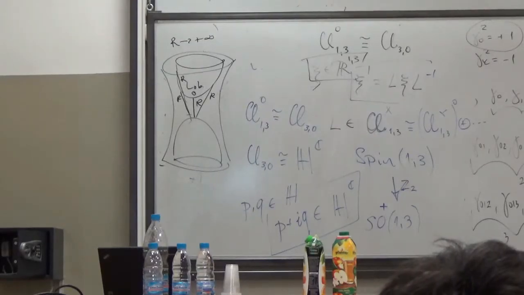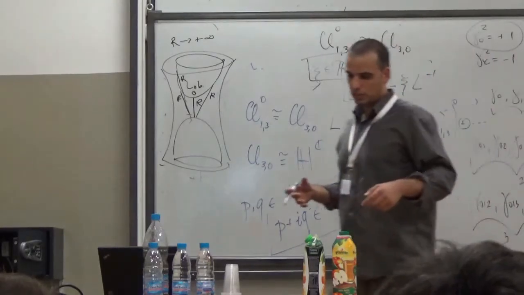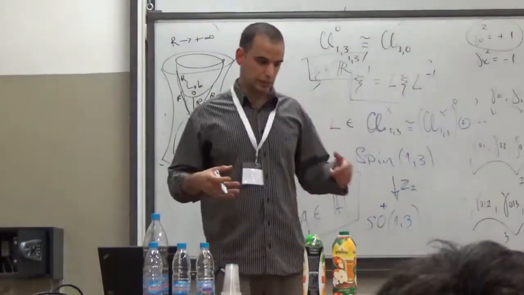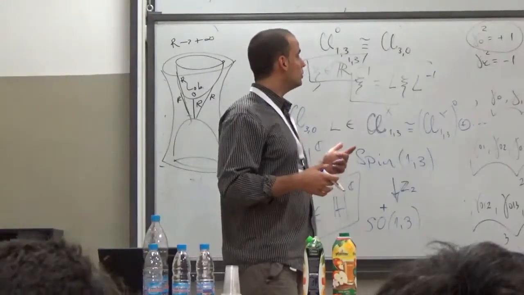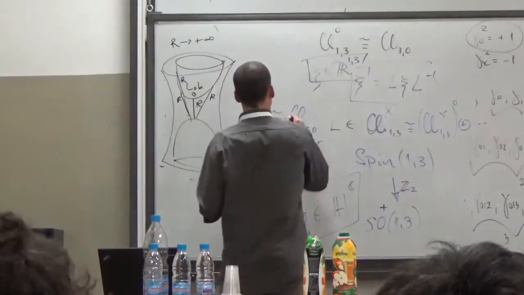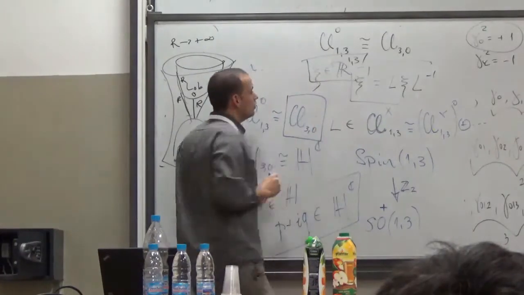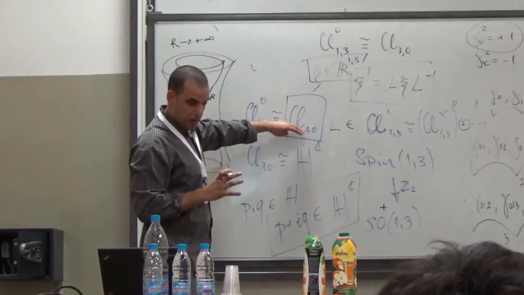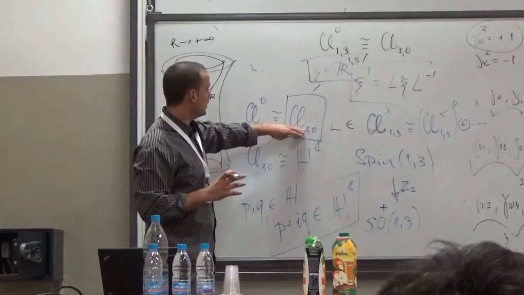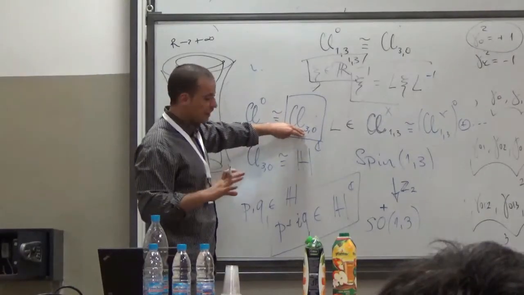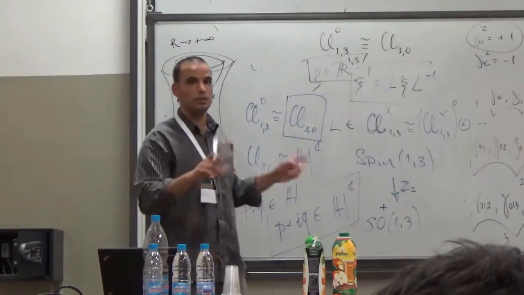So it's another way of obtaining, for example, Maxwell's equations or Lorentz transformations from considering not only the even subalgebra of space, but the whole Clifford algebra.